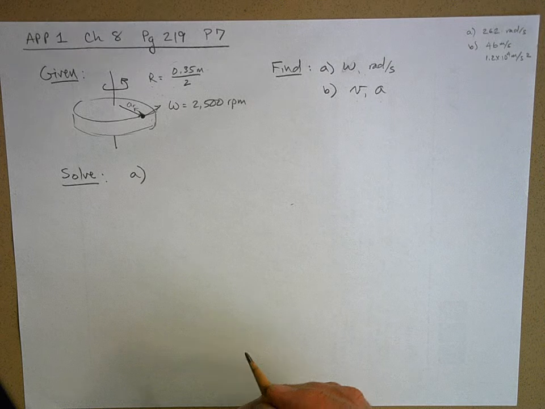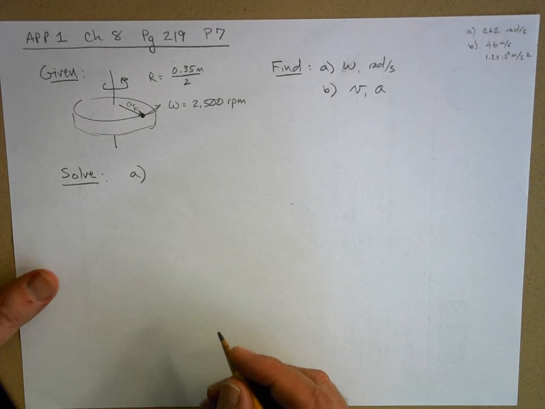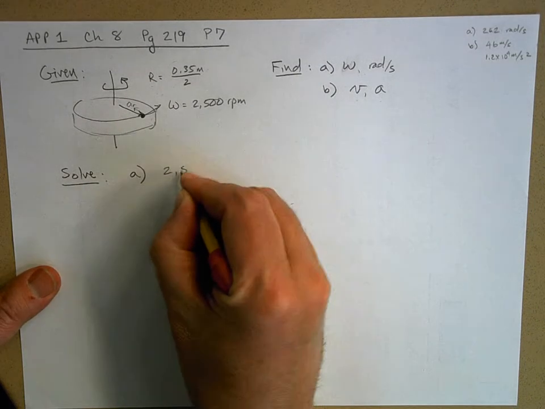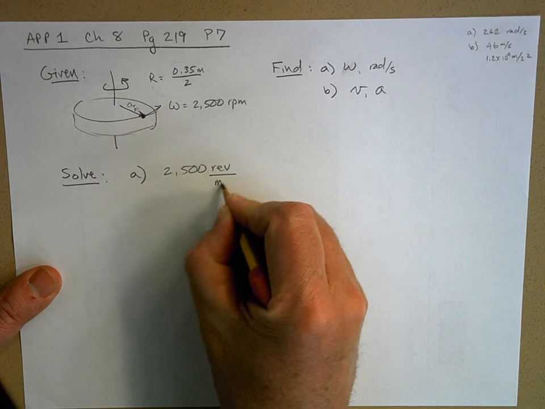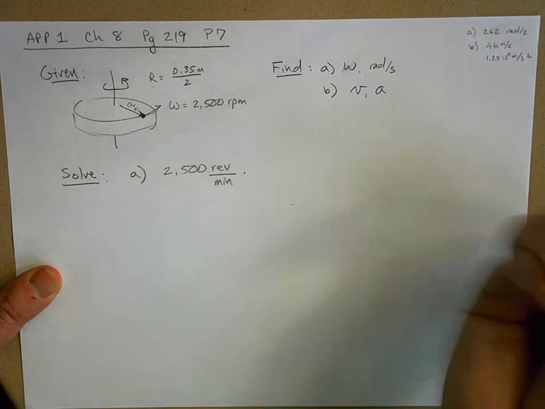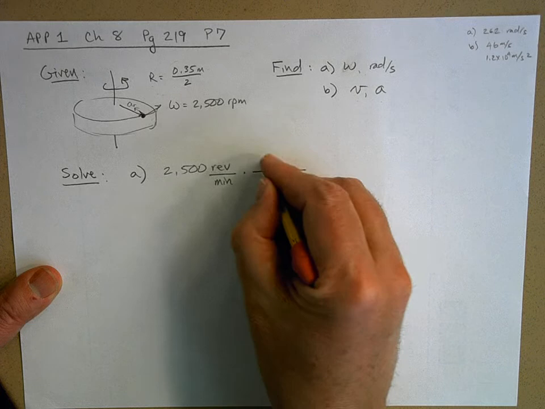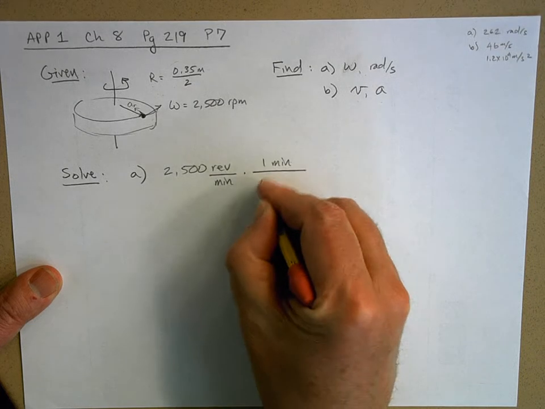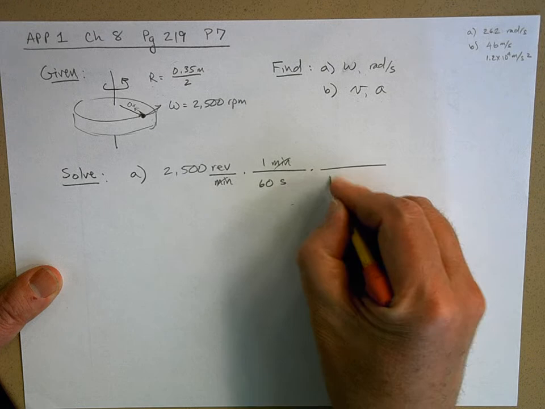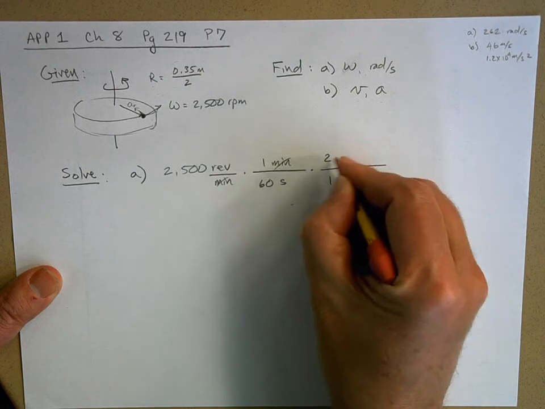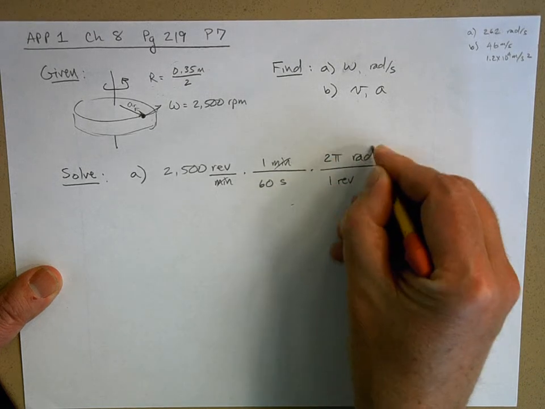Well, what is omega? Well, it's 2,500 revolutions per minute. And I want it in radians per second. So 1 minute is 60 seconds. And 1 revolution is 2 pi radians.